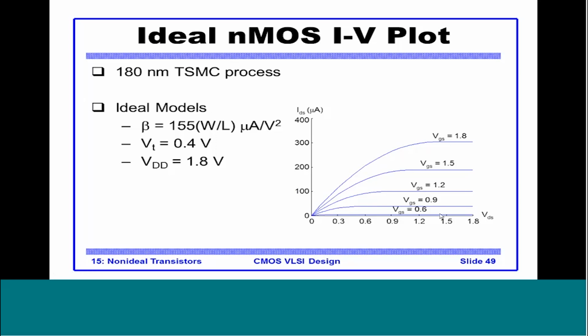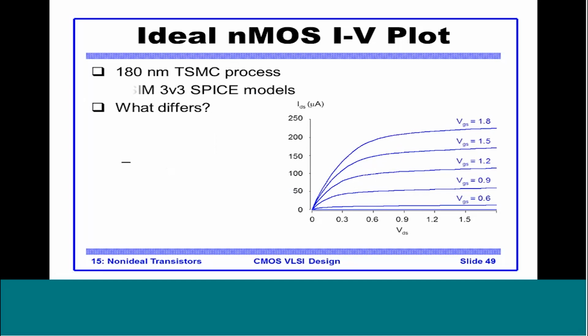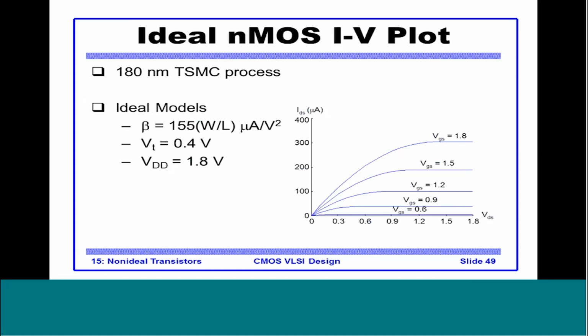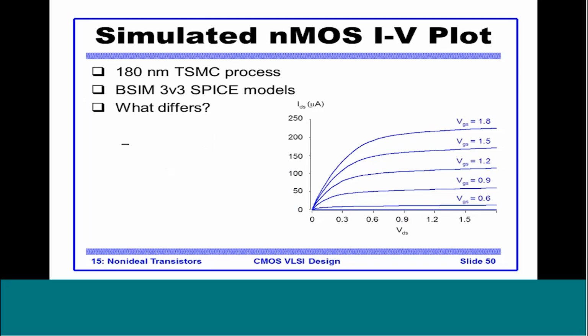On the next slide we would see the same process. The same process would mean the same beta, Vt and Vdd values, but the model used here is not the ideal model but a SPICE model. Please note that a SPICE model is much more complex, and it mimics very close to real transistor functionality after fabrication.